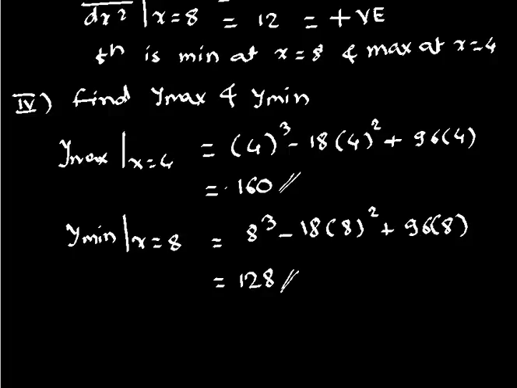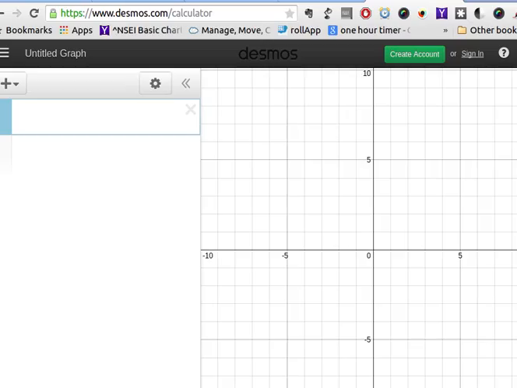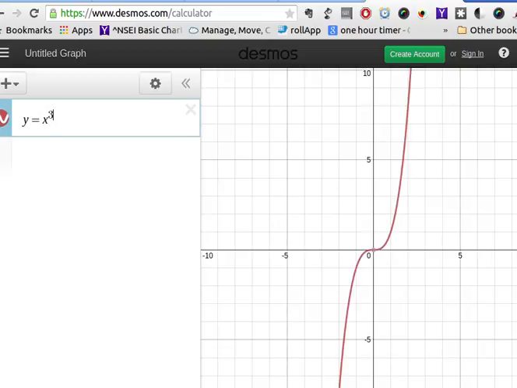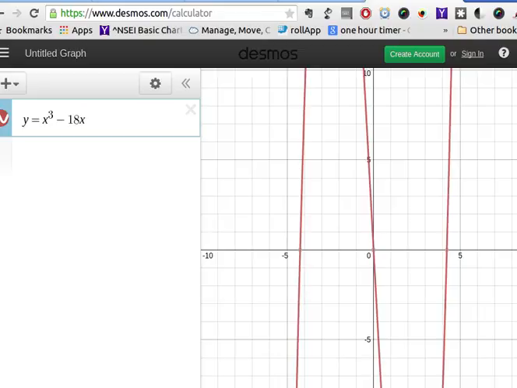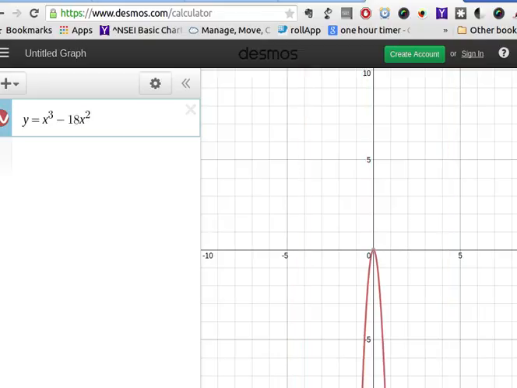Now let us verify graphically what we have done, whether it is correct or not. So let me put the equation here: y is equal to x cube minus 18x square plus 96x.